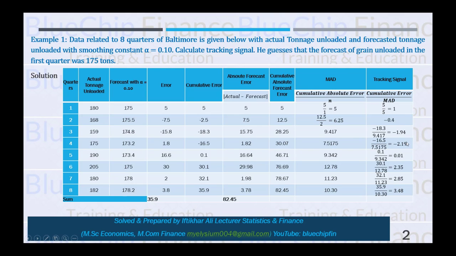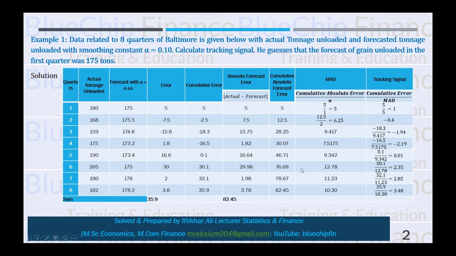The range of deviation may be from plus to plus, or from minus to plus. Here the extreme value on the minus side is minus 2.19, and the maximum value on the plus side is 3.48. So that is the range.